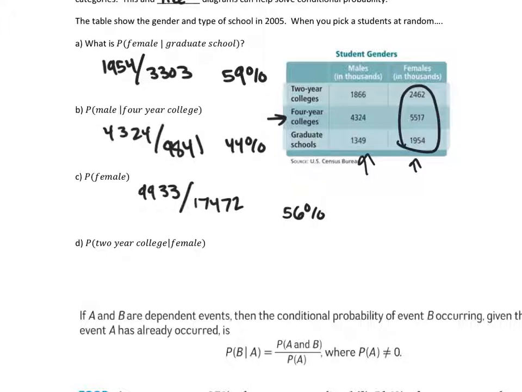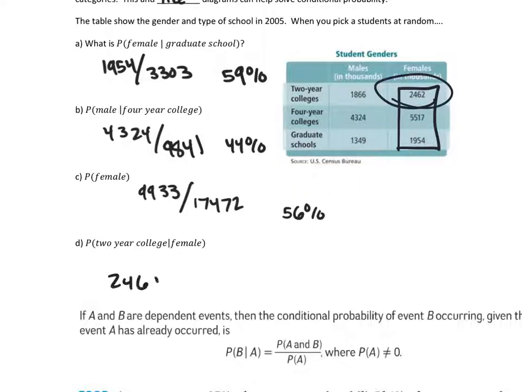2-year college, given that we're looking at females. So this time, we're looking at this set of data. So here's all the females. And then we need to backtrack it to where we're looking at a 2-year college. So we already know that females is the set that we're looking at. The 2-year college is just this one right here.